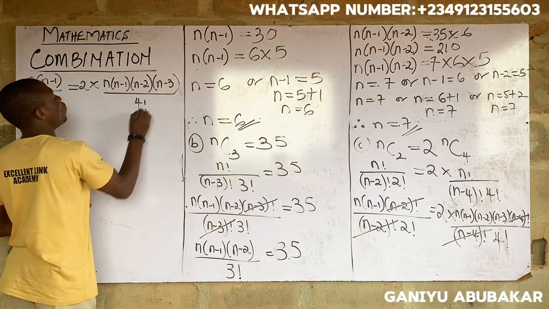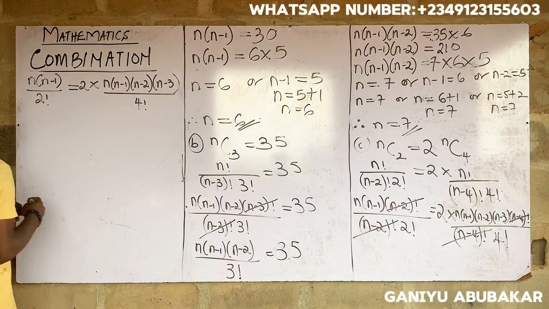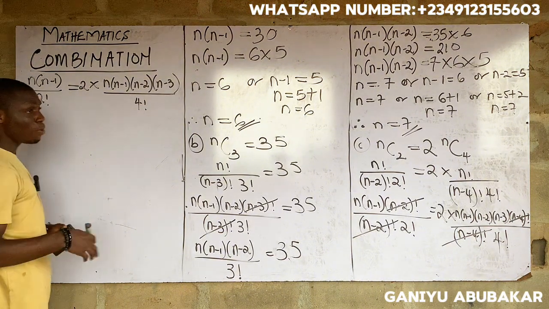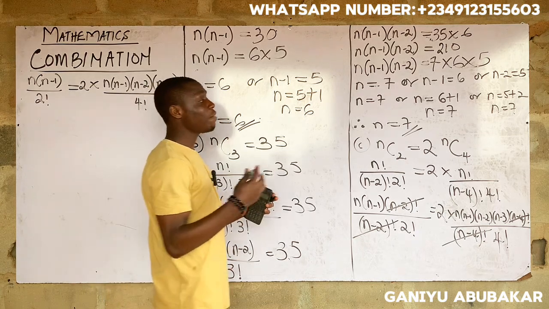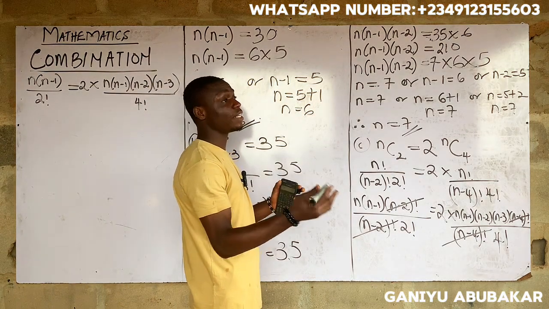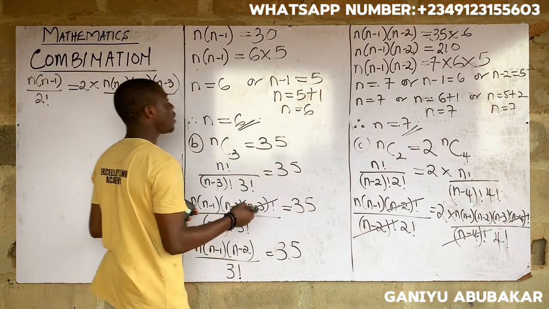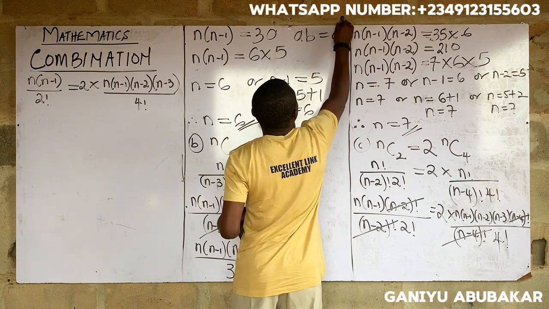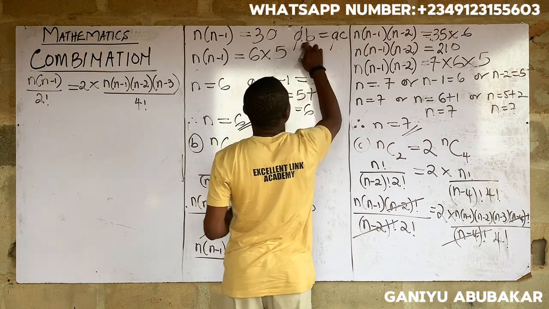4 factorial. Observe that, as in the last class on permutation, whenever we have two things on both sides of the equality sign, they cancel out. What do I mean? If I have AB equal to AC, A can cancel out A. They are the same thing, right?